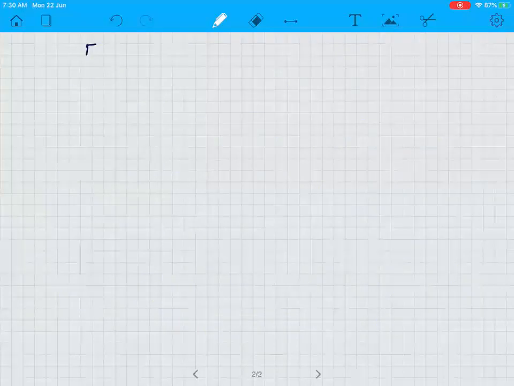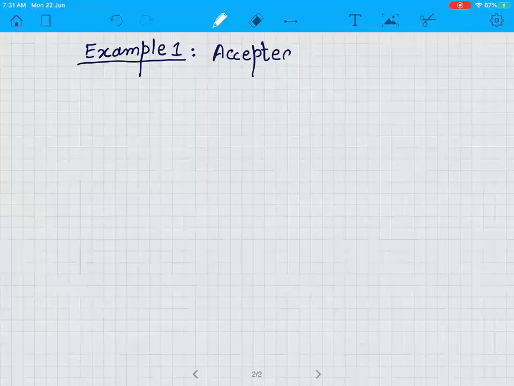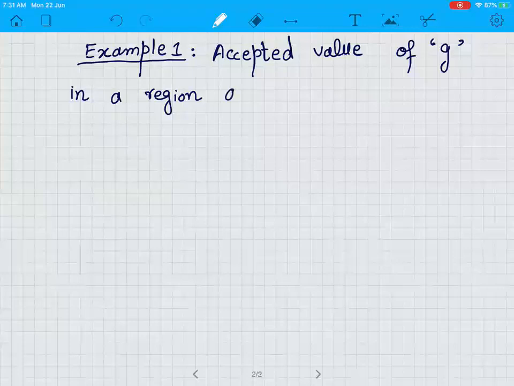Example number 1. Accepted value of G in a region on the earth is 9.81 meter per second square.